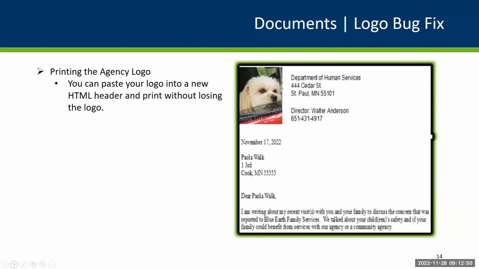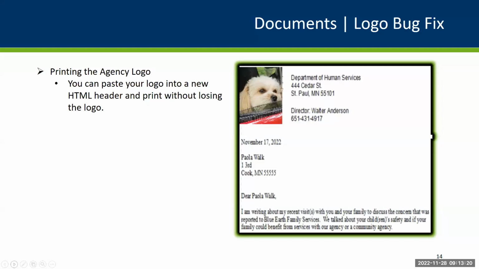So the first bug fix was due to an issue that caused your agency logo not to print on local documents after you created a new header footer in the editor. Now you can paste your logo into a new HTML header. That's not a new feature, but you can paste it now without losing the logo. So everything should work as originally designed.